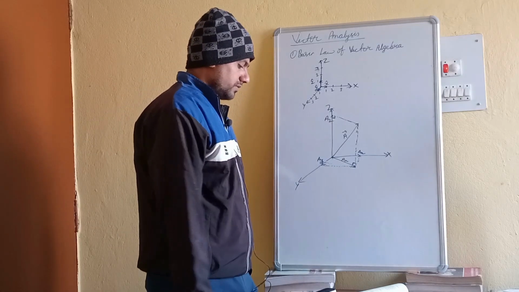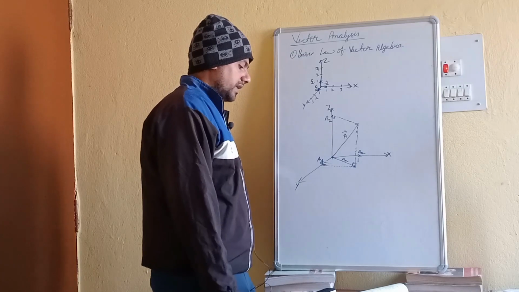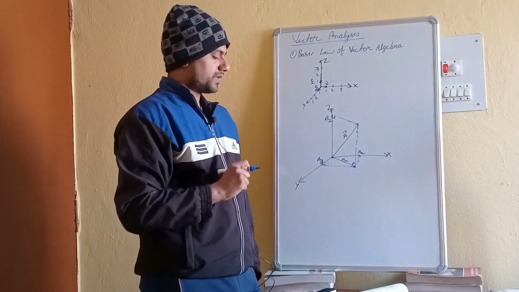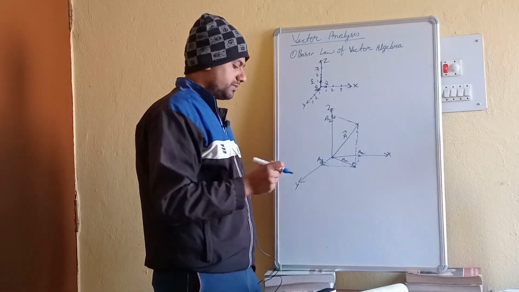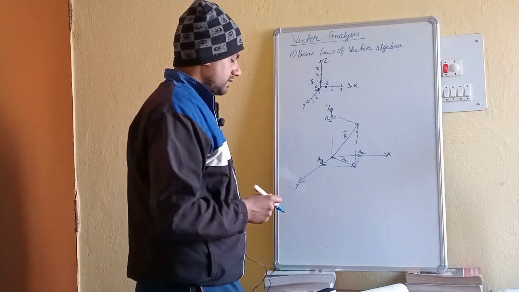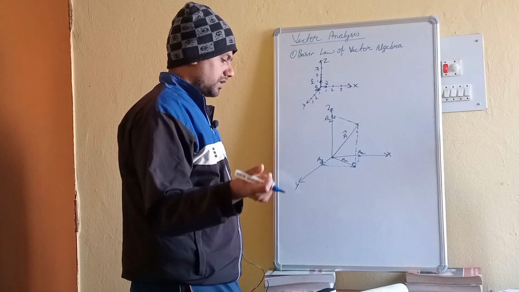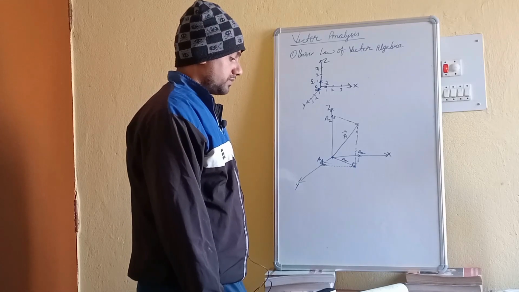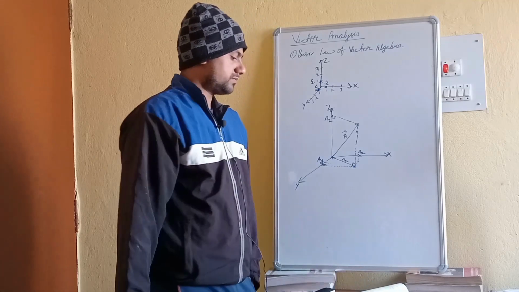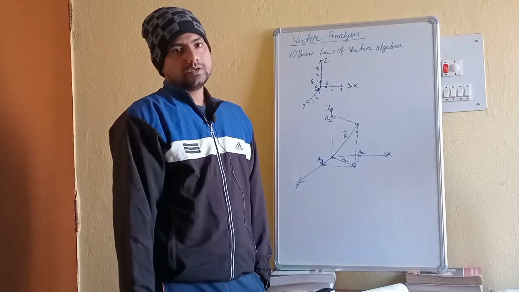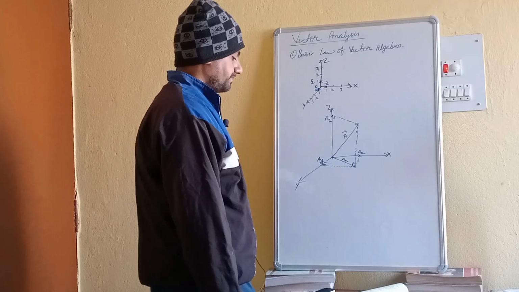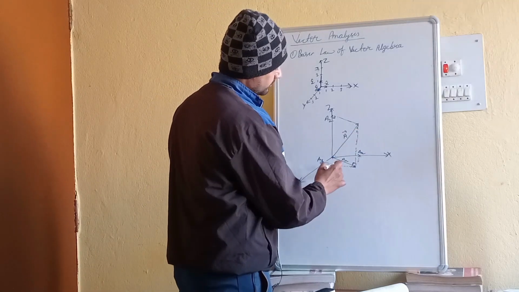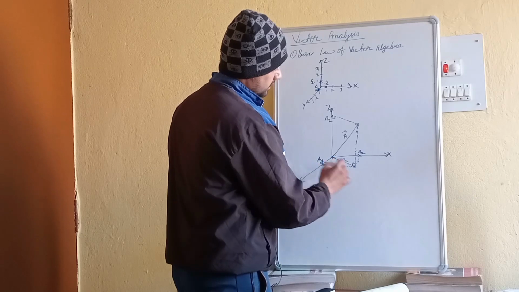Now next, we have to find out the magnitude of this vector A. So how can we find the magnitude of this vector A? For that, we are going to use the Pythagoras theorem, which I'm going to use here. You can see this one is a right angle triangle, this one is also a right angle triangle.